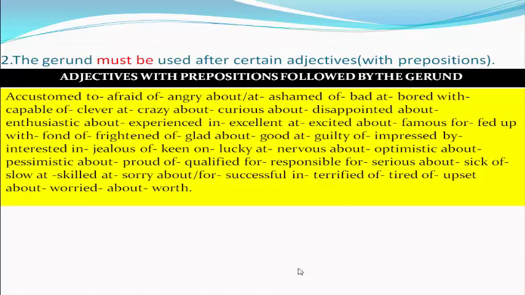We have accustomed to, afraid of, angry about or angry at, ashamed of, bad at, bored with, capable of, clever at, crazy about, curious about, disappointed about, enthusiastic about, experienced in, and so on. This is the list of adjectives, and when we have one of these adjectives with prepositions in a sentence, we must use the gerund form, or conjugate the second verb in the gerund form.